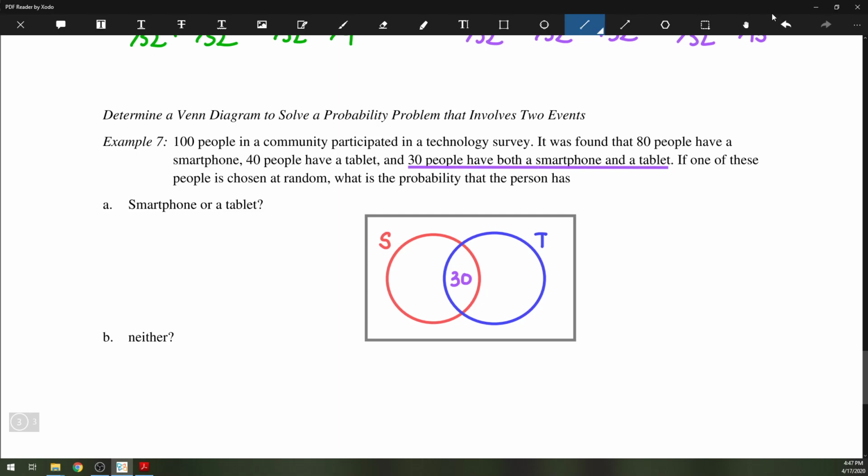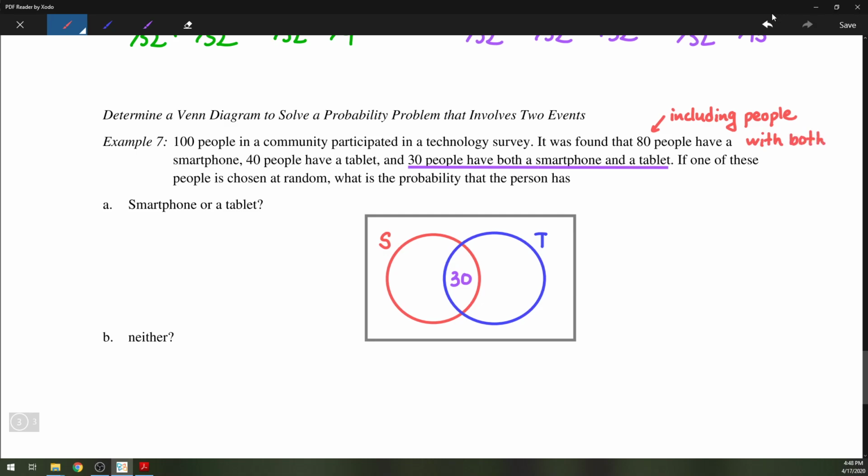There are 80 people with smartphones. This includes the people with both a smartphone and a tablet. So really, the people with only a smartphone will be 80 minus the 30 in the middle, which means 50 people have smartphone only.